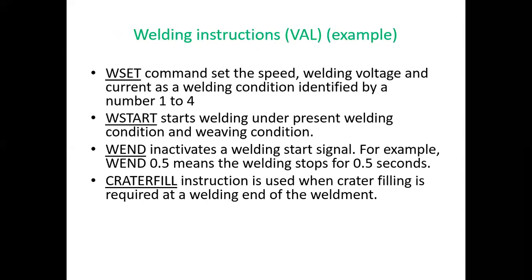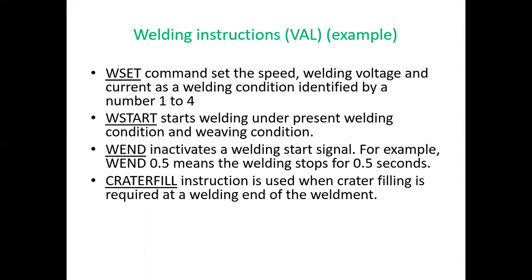So these are the welding instructions used in VAL. So WSET is the command to set the speed, welding voltage and current as a welding condition, identified by the number 1 to 4. WSTART starts welding under the present welding condition and waving condition.